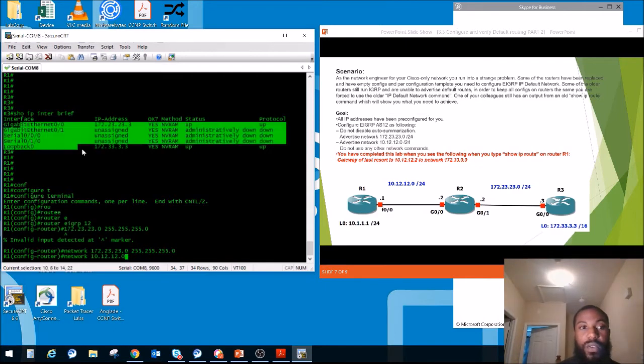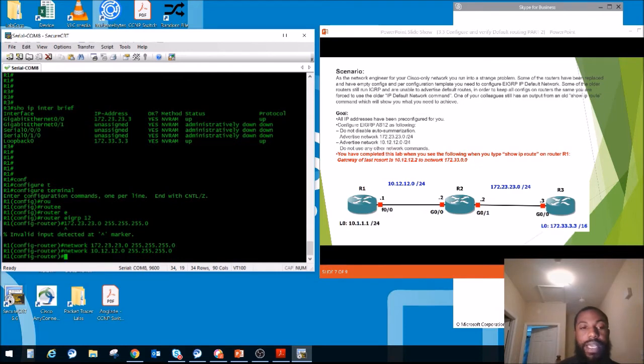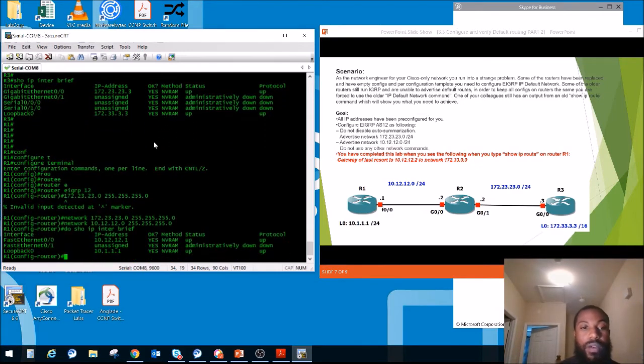That's because these are router 3's interfaces. My bad, that's why I got confused there. 255.255.255.0. Let's go ahead and do a show ip interface brief so we can see what we're working with on router 1. That's what I got confused about. So I believe we're done with router 1.